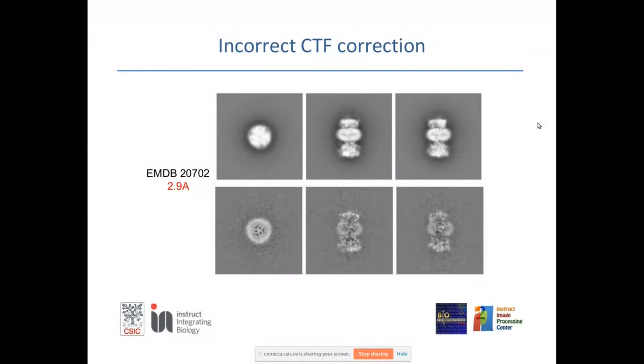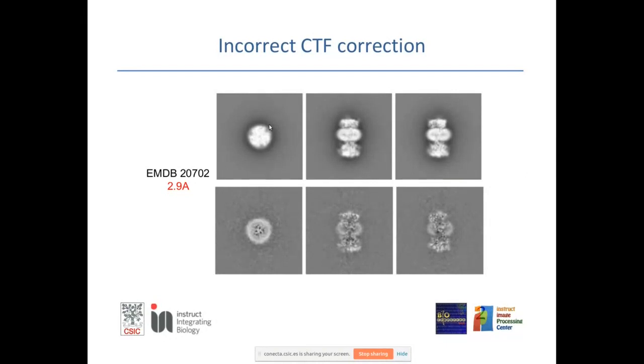So here is an example taken from the EMDB. And very often, these are slices, these are projections of the volumes. And very often, we see some kind of dark halo around. Sometimes in the slices it is very obvious. When you project the volume, it is even more obvious because all these dark halos are added together.